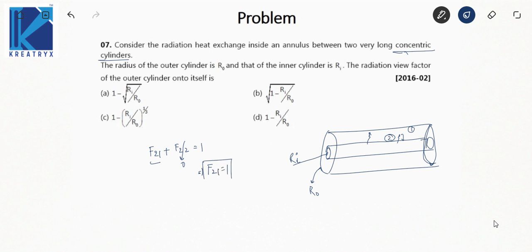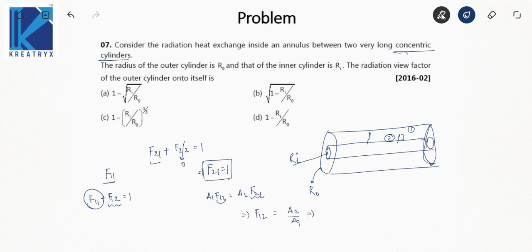I can write this. Now what I have to find? The radiation view factor of the outer cylinder onto itself. You have to find f11. Okay, f11 plus f12 is equal to 1. For finding f11 we need f12. We have found out f21, so A1 f12 is equal to A2 f21. F21 is 1, f12 we will be able to find out now, that is A2 by A1.